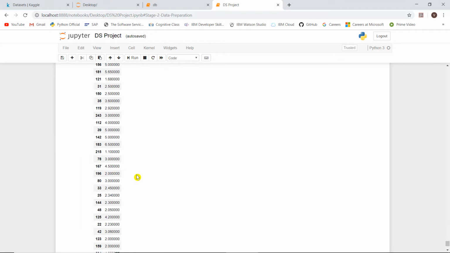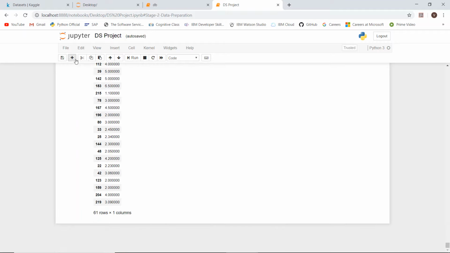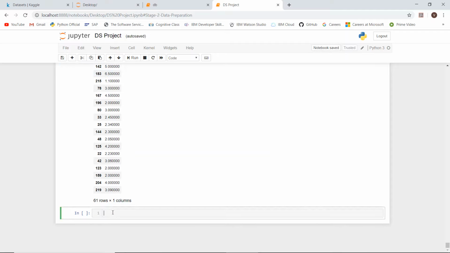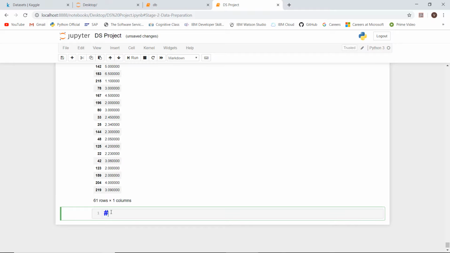Okay, so let us evaluate the model, to see how the predictions are going. So this stage, let us mark down, stage 5, model evaluation. Okay, friends.